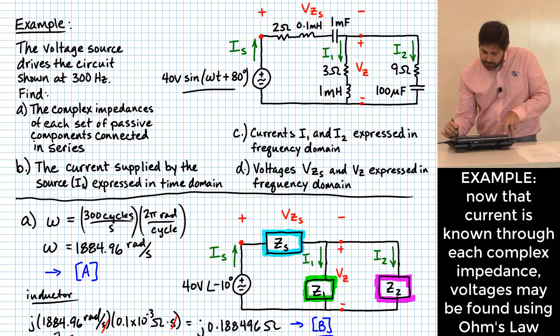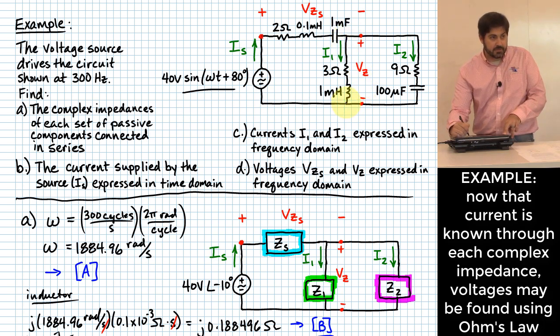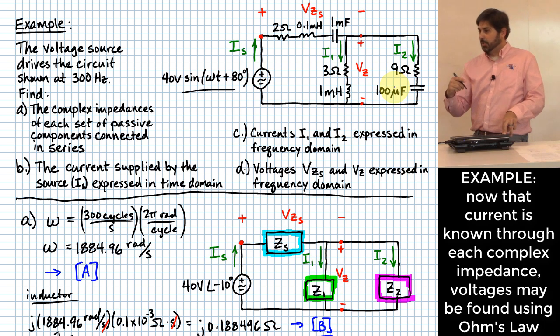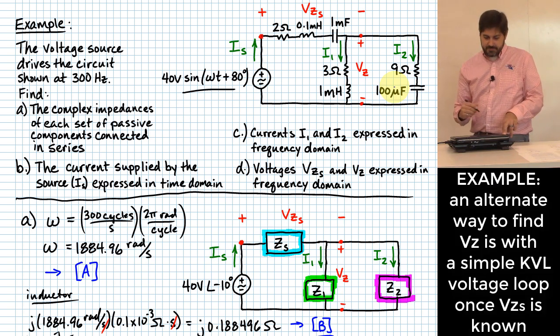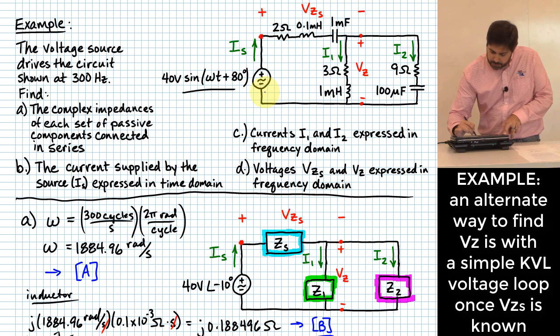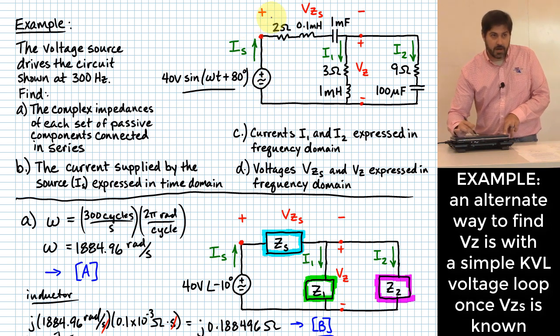Okay, it says voltages VZS and VZ expressed in frequency domain. VZ is the same voltage across either the left leg over here or the right leg. So I can pick one and find the current through that leg, multiply it by the impedance of that leg, and that gives me the voltage across that leg. That's one way to do it. What's another way to do it? This is actually a voltage loop, right?